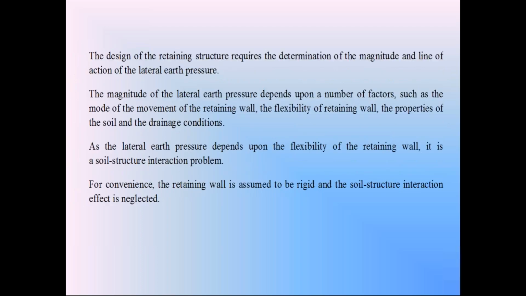earth retaining structure. Here a number of factors are there. The magnitude of horizontal earth pressure applied by the soil on the retaining structure depends on a number of factors. So please read this second point. The magnitude of lateral earth pressure, lateral means horizontal, from the soil on the retaining structure depends on a number of factors such as the movement of the retaining wall.